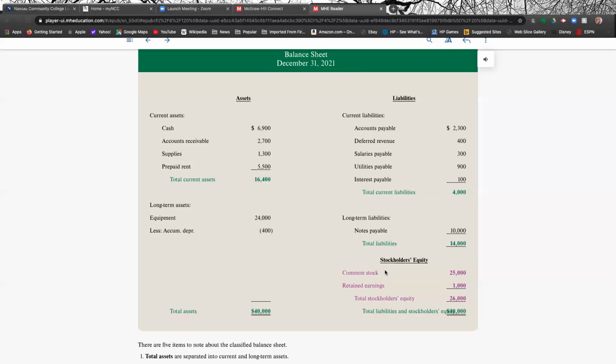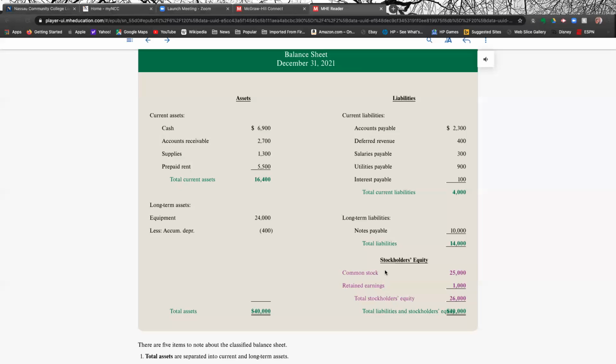Now, we saw in Accounting 101 that the only way numbers got into the retained earnings account was through closing. And that's pretty much going to be the same way it's handled here. Retained earnings is increased by net income, and it's decreased by dividends, right?